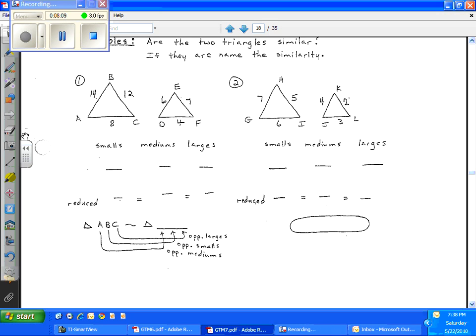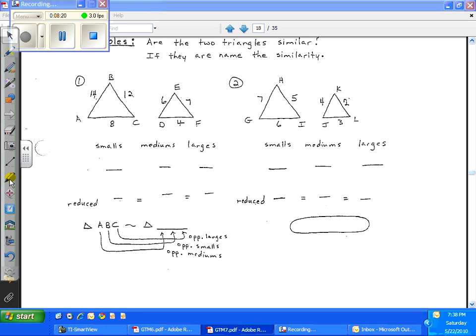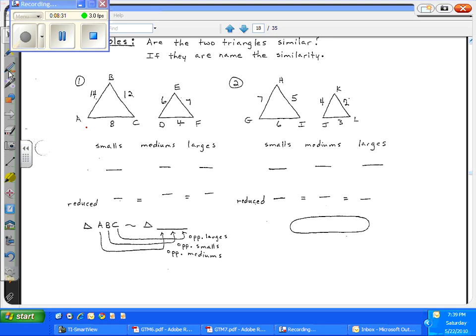We would put small with small, and medium with medium, and large with large. So we're going to put the smallest of this one, 8, with the smallest of this one, 4.